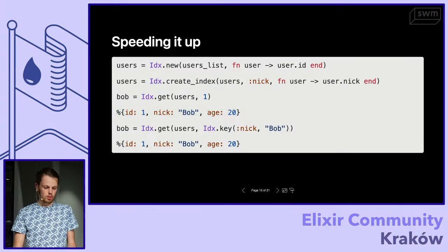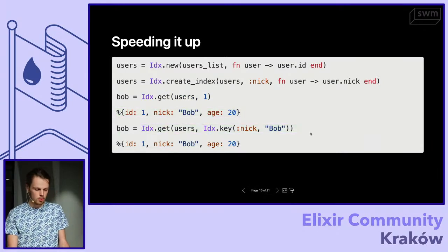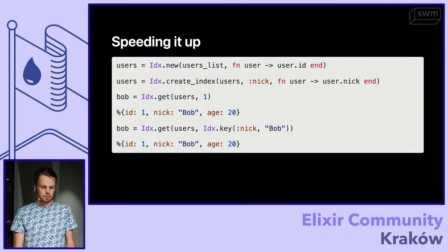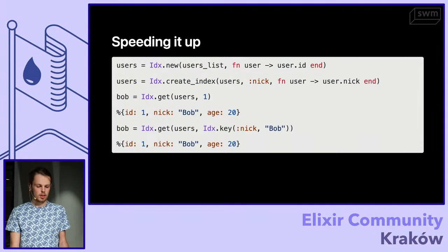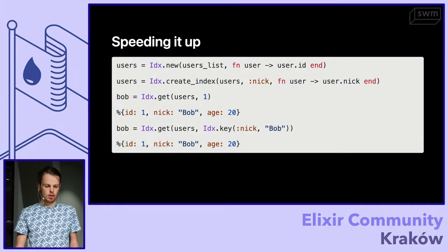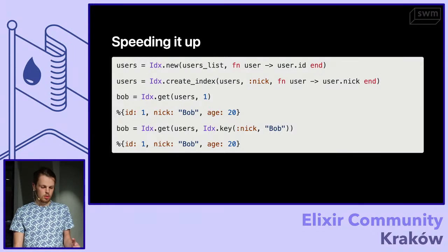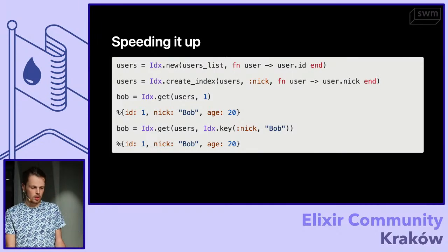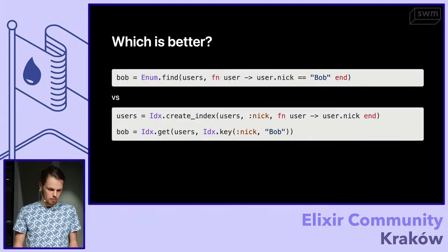But we can also use this syntax to retrieve a user by their nick. And this works in constant time. So we don't need to manage other maps. We don't need to manage tuples. We don't need to think every time how exactly the data is structured. At least that was my intention.